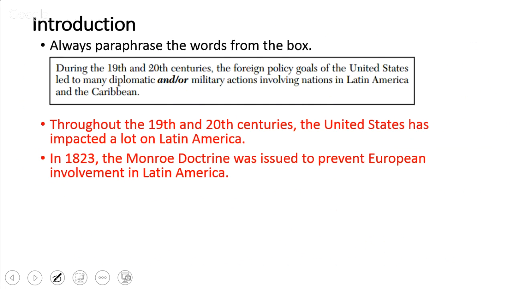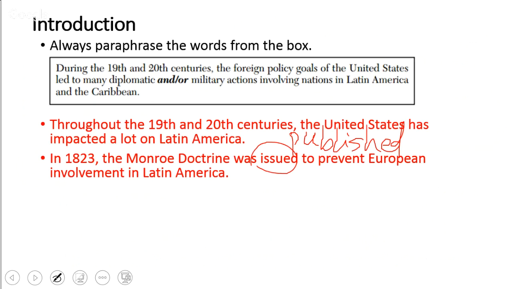So you can start to say in 1823, the Monroe Doctrine was issued. You know, issue? Issue is like publish. If you don't know the word, just read it many times. Issue, publish. So it was published to do what? To prevent European involvement in Latin America.